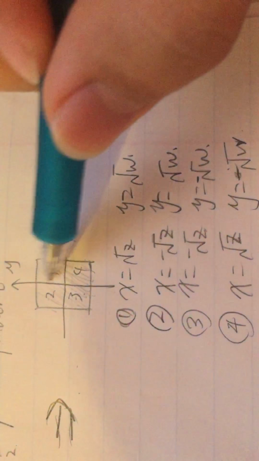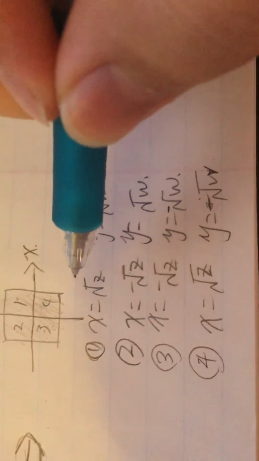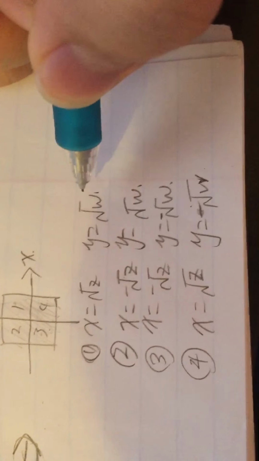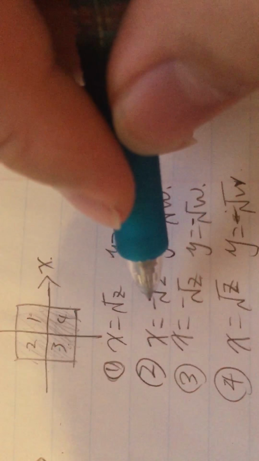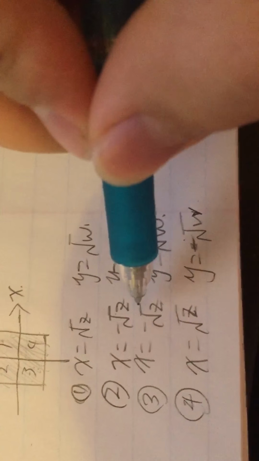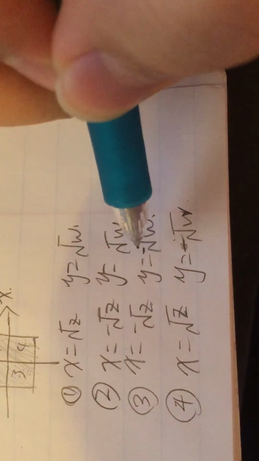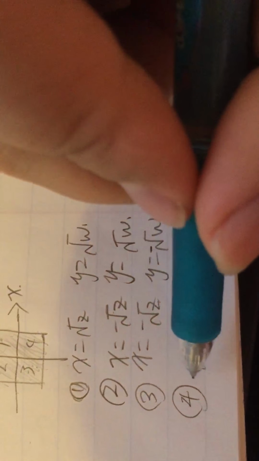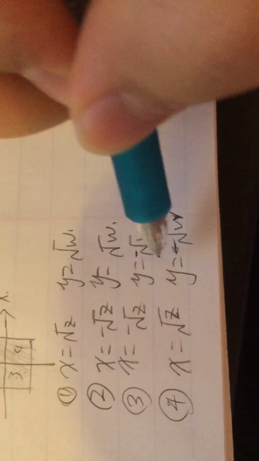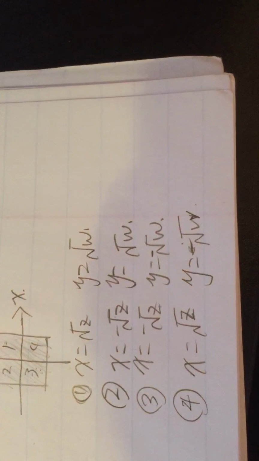In area 1, x equals square root of z and y equals square root of w. In area 2, x equals negative square root of z and y equals square root of w. Area 3 is x equals negative square root of z and y equals negative square root of w. Area 4, x equals square root of z and y equals negative square root of w.